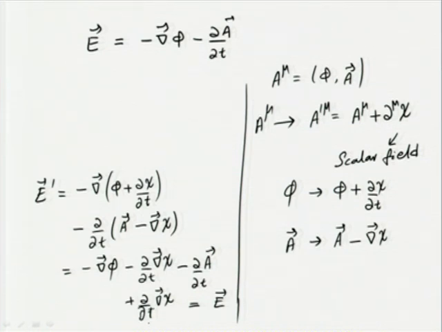So, bottom line is that if we change A^μ to A'^μ, which picks up a derivative of a scalar field in addition to the original A^μ, then the electric field remains the same.